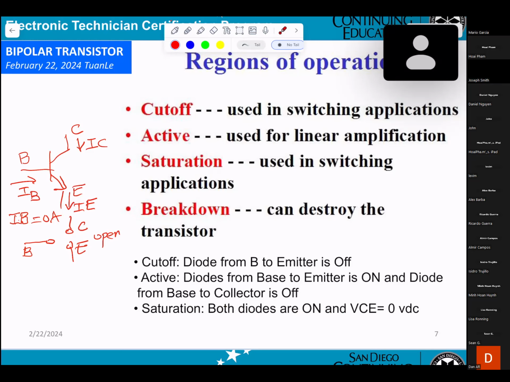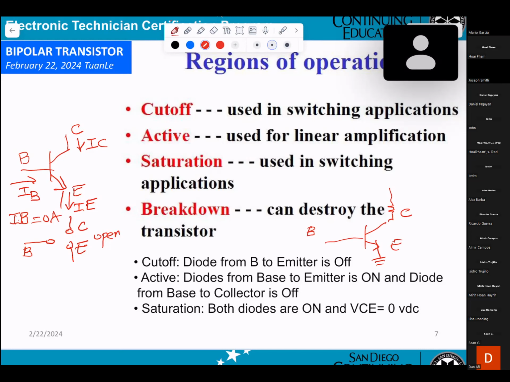Okay? If we're talking about transistor cut off, that means the voltage from the base to the emitter is off. I give you an example. If you get the transistor, that one, round, collector, emitter, and that will be the base.